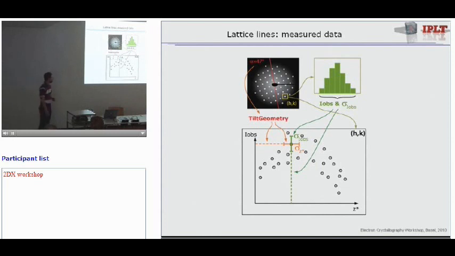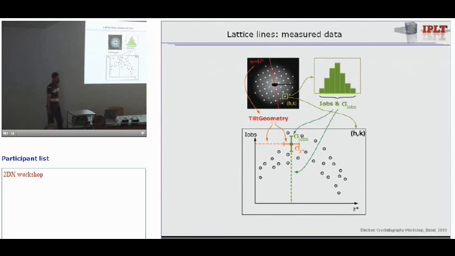The second thing you have to be aware of is that this measured data always has some error. It has an uncertainty in the x direction and an uncertainty in the y direction. The uncertainty in the x direction mainly comes from the tilt geometry. The tilt geometry that you determine from the lattice will not always be very precise. That's also why you have to refine it afterwards. So this gives you a certain uncertainty in the C star direction where your data point is. On the other hand, you measure the intensity either by profile fitting or by integration, but that's also in a noisy diffraction pattern.